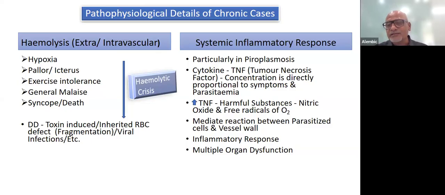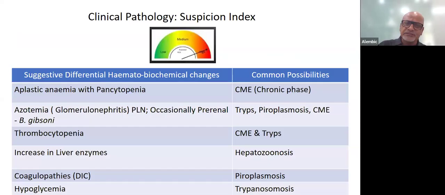It is in direct proportion to the symptoms, and certain biochemicals are released as a result, like nitric oxide and nitrous oxide, and free radicals of oxygen. These biochemicals are primarily responsible for mediating a reaction between the infected RBCs and the vessel wall. In such cases, there is an inflammatory reaction. So that is in long-standing or terminal cases.